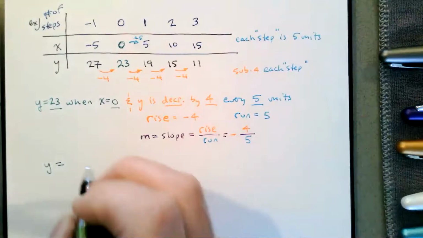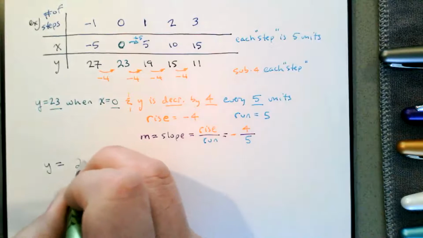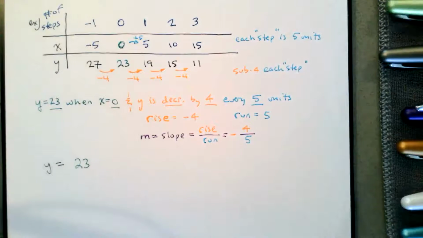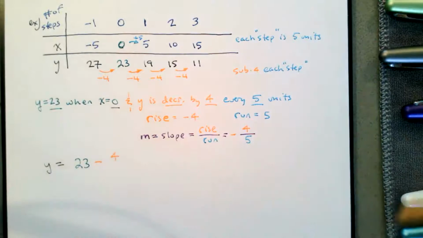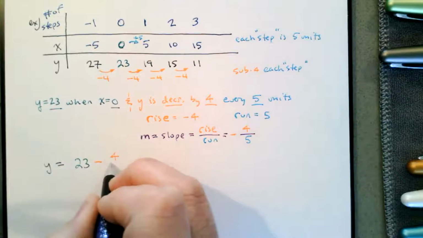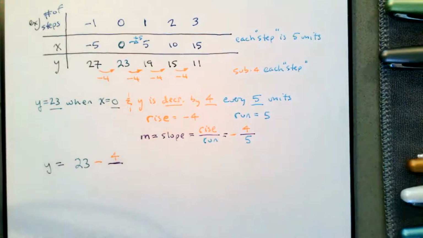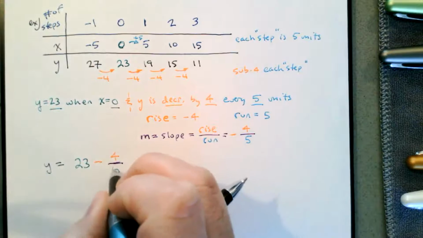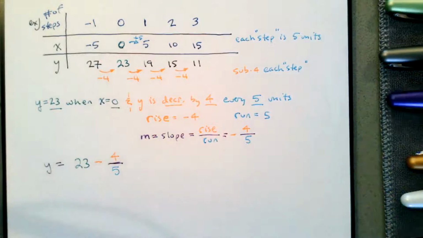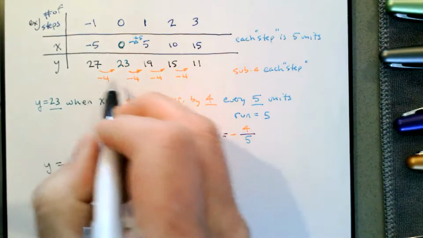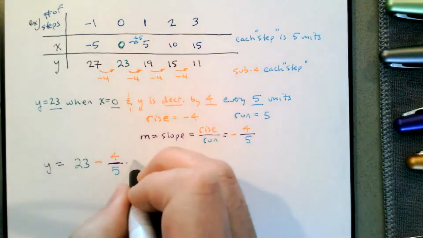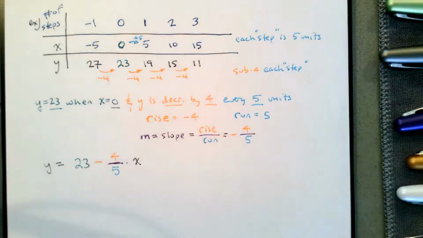So we'll say y is equal to, where we start is 23. What's happening to the y is we're decreasing by 4 every 5 units. That's why our slope is -4/5. And so we're going to subtract 4/5 a bunch of times. Since we're doing a repeated addition, we use multiplication and x to indicate the number of times that we're doing this.